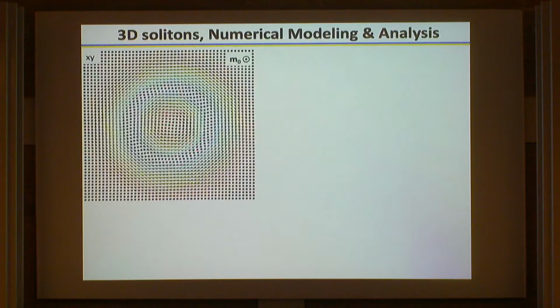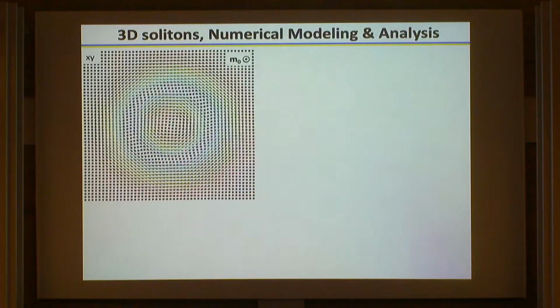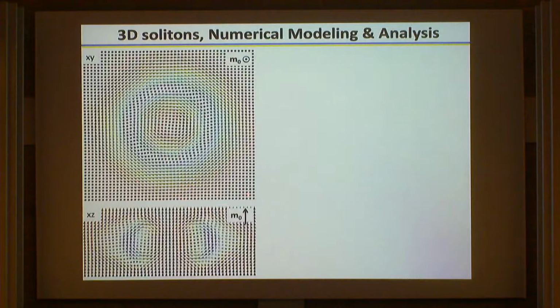All right, so let's take a look at what these structures look like. If I now look in the plane of such a localized structure that's orthogonal to far-field magnetization, I will notice that the spins twist by 2 pi in all radial directions, and so the structure is continuous. But then in the plane which is orthogonal to this one and parallel to the far-field magnetization, I see that the structure is perfectly continuous.